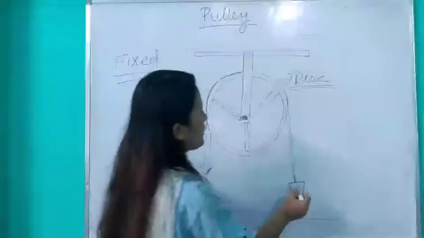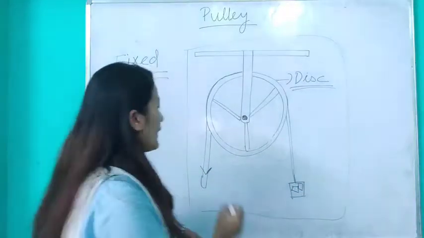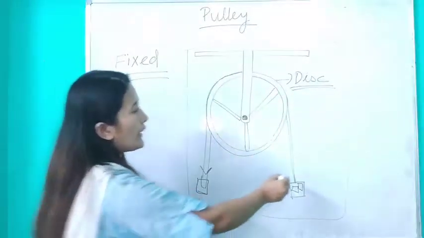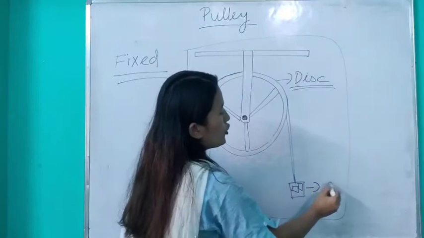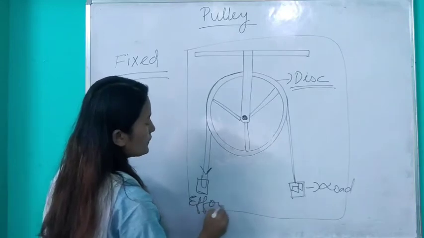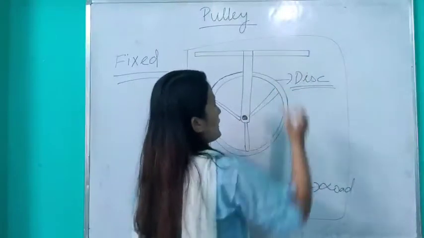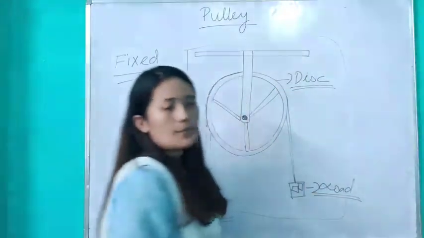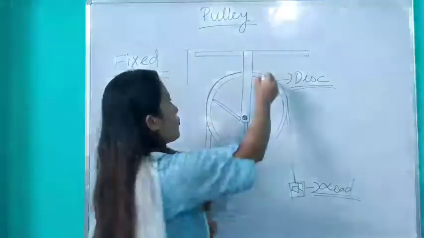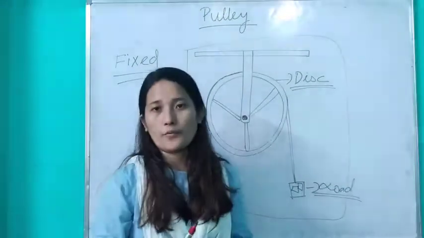They will place the bricks here, the ones they want to carry, and then one person from the ground level will be pulling the rope and the one on the top will be receiving the load. The force applied by the person on the ground level is the effort, and the load is what the other person receives. Here in a single fixed pulley system, your wheel is fixed at one point and only your rope is movable.